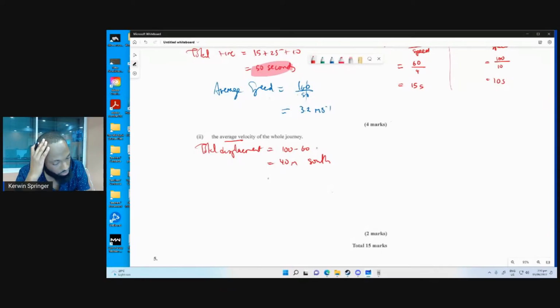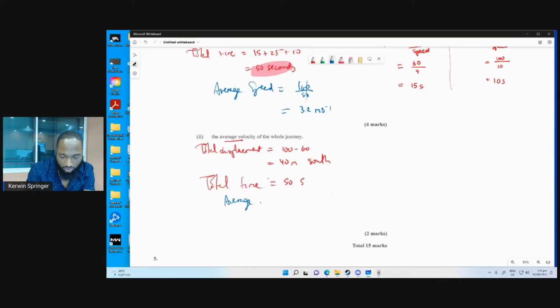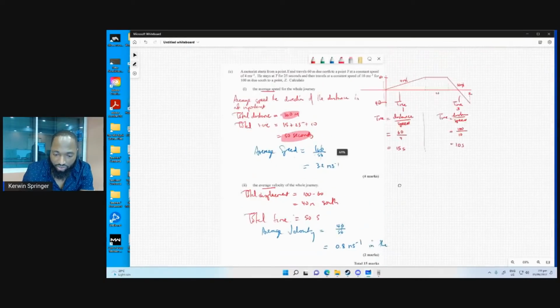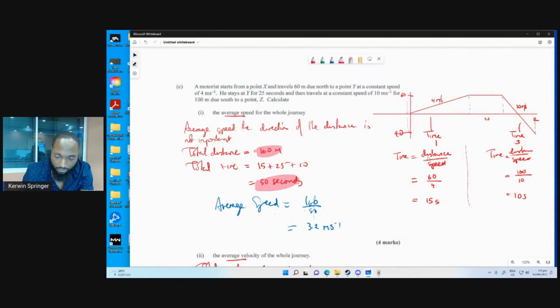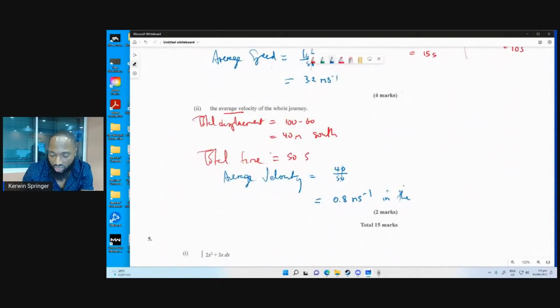And the total time remains the same. So average velocity would be 40 over 50, 4/5, 0.8 meters per second. But this one you need to state the direction, in a southern direction.